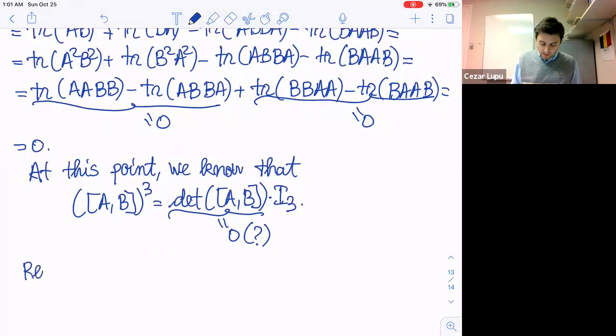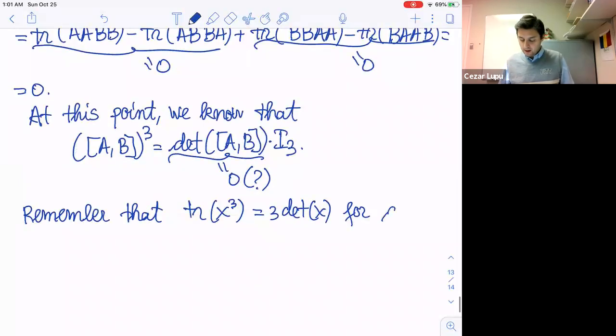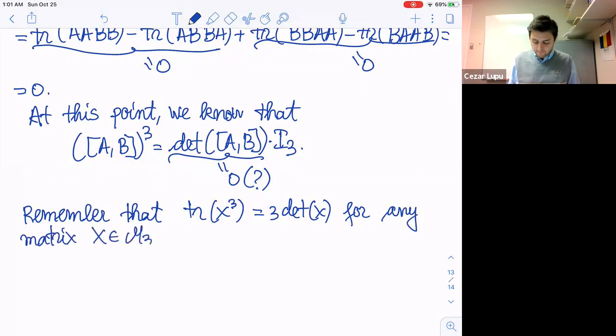So remember that trace of x squared is equal to 3 times the determinant of x for any 3 by 3 matrix x with complex entries with the trace of x equals 0.